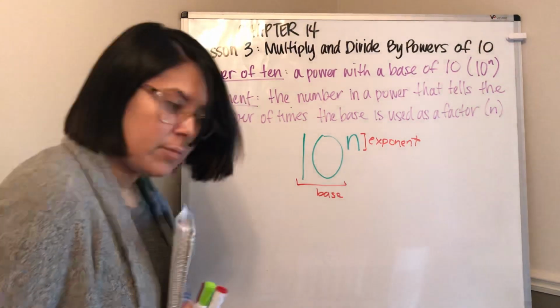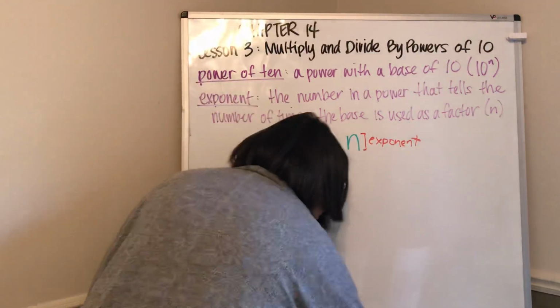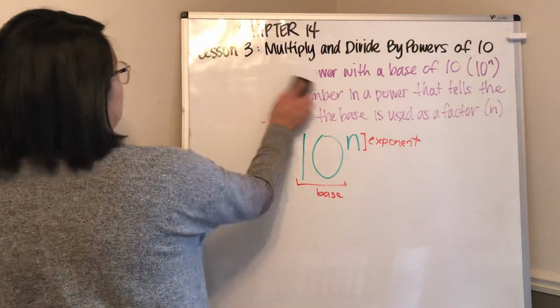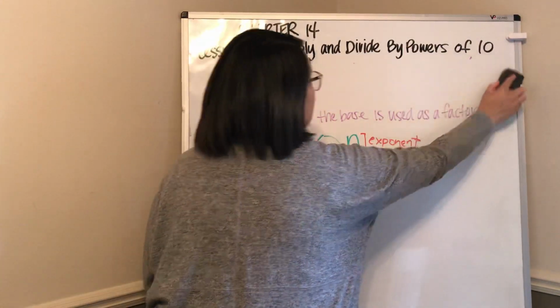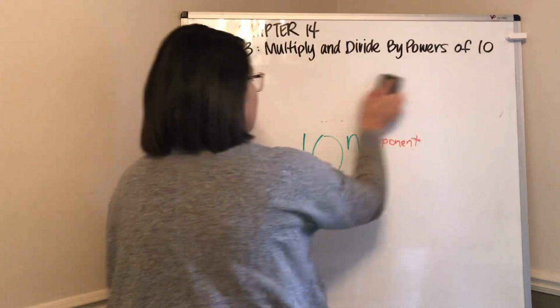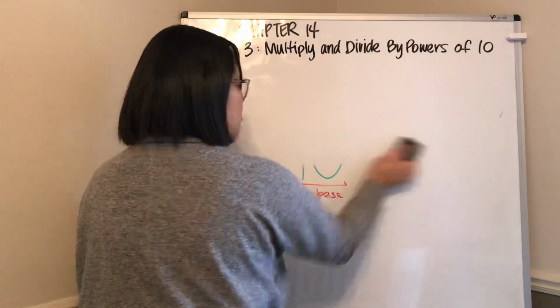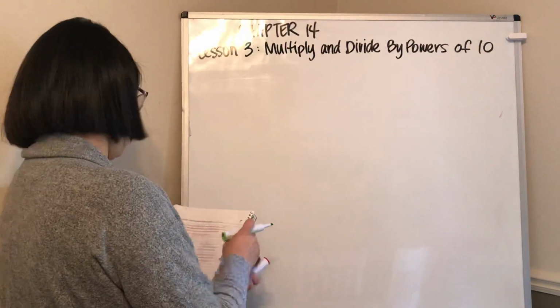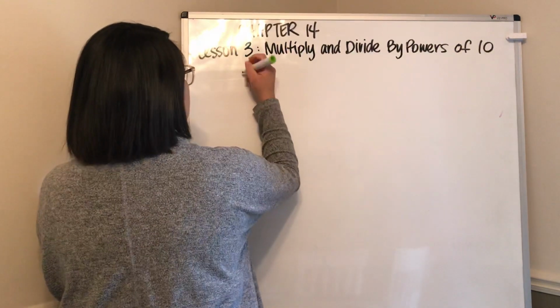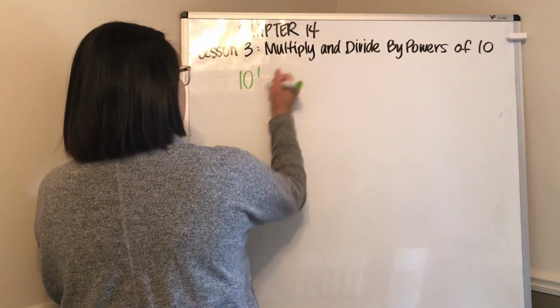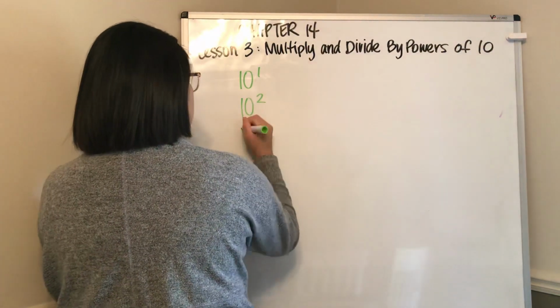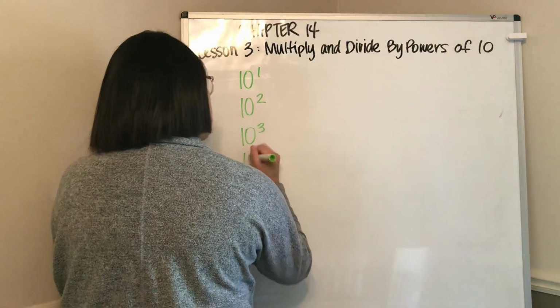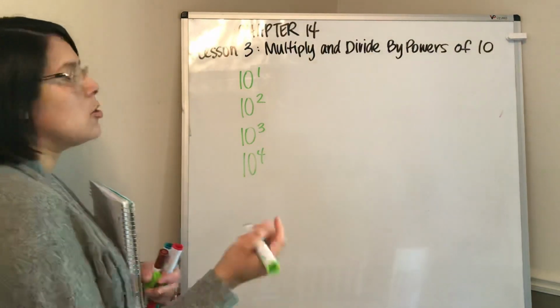Okay, so I'm going to erase this. So we have 10 to the first power, 10 to the second power, 10 to the third power, and we'll do 10 to the fourth power. Okay, and then you can keep going.